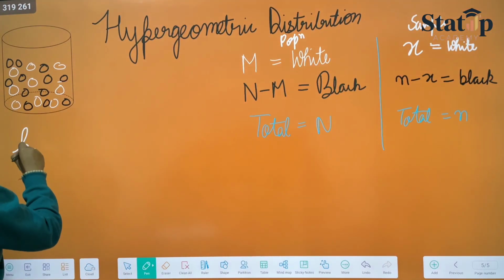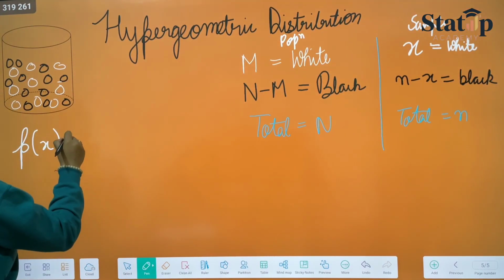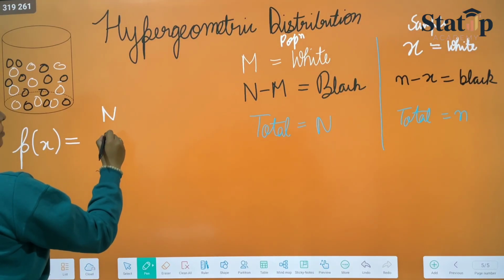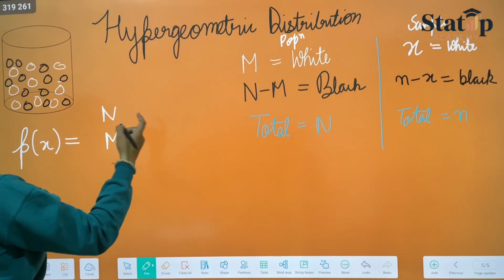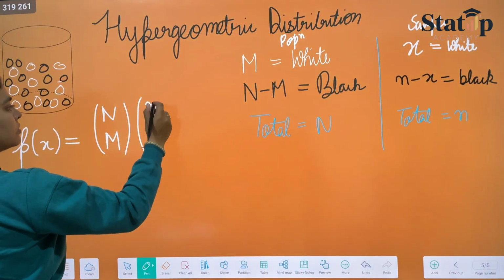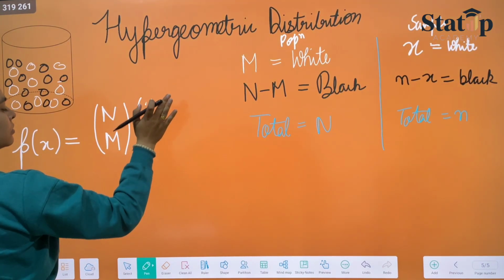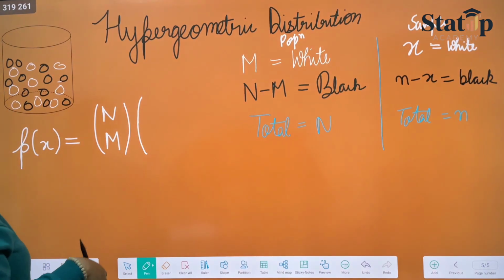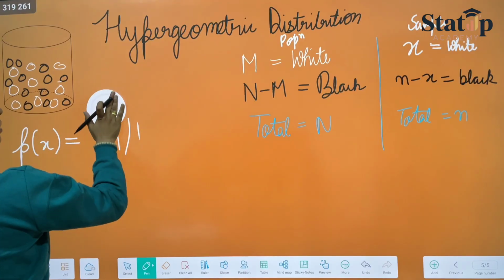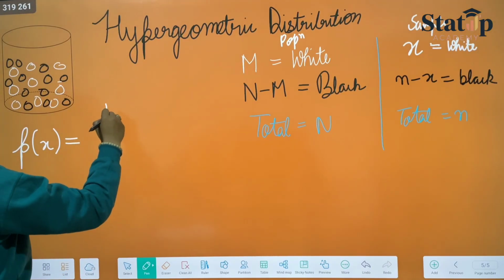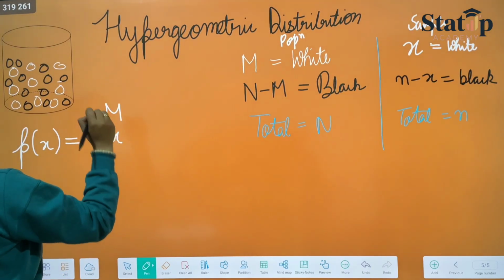So the PMF of x, with m as the white balls, is given as m C x.